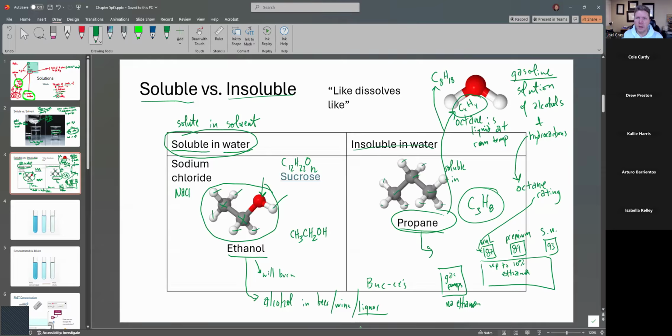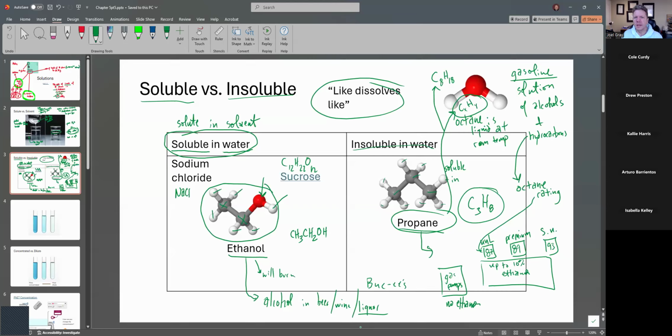Propane will dissolve in octane. Propane will not dissolve in water. And that's explained with this principle right here: like dissolves like. You could say, oh, well, this is just a bunch of carbons and hydrogens, so they're going to dissolve in there.